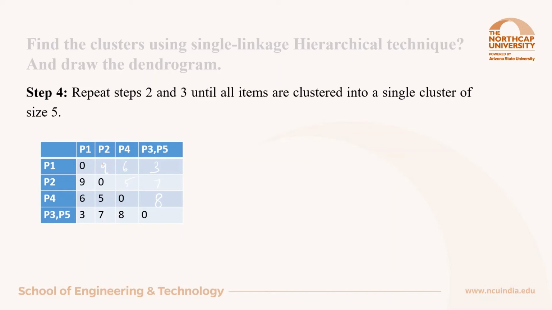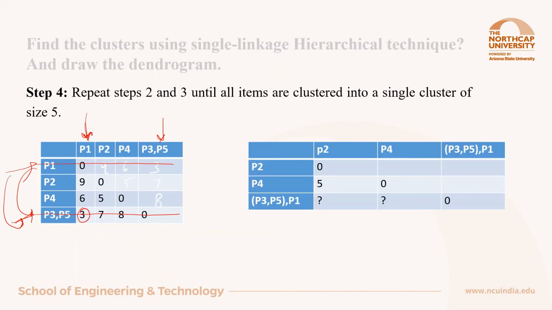Here, looking at the matrix, we find that 3 is the lowest distance, which is between point P1 and P3, P5. So these two clusters will be merged as one cluster. So removing the first column and merging it with the last column, and removing the first row and merging it with the last row, we'll have a 3 by 3 matrix.